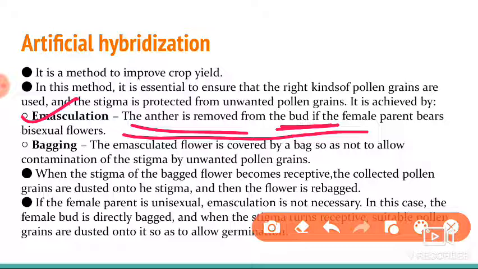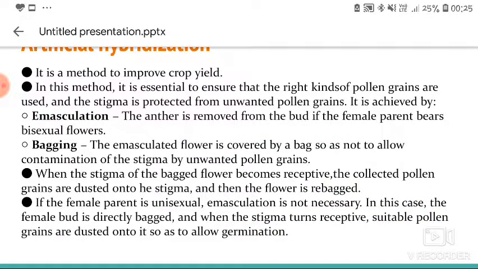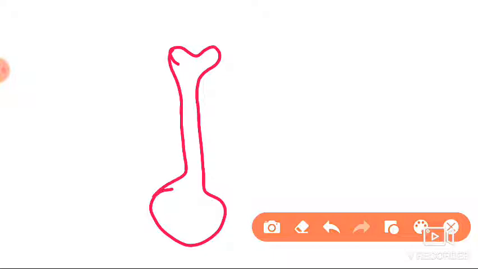Once we have completed the emasculation, after that there is bagging. In bagging, what will happen? First, this is the female reproductive part, that is the stigma. The complete gynoecium is here: here is the ovary, and inside it you can find the ovule.